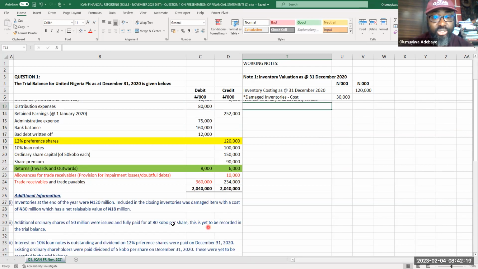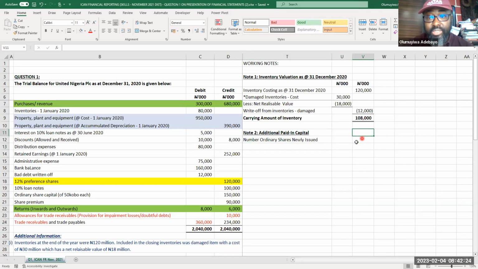How many were newly issued? 50 million. Okay, 50 million were issued.